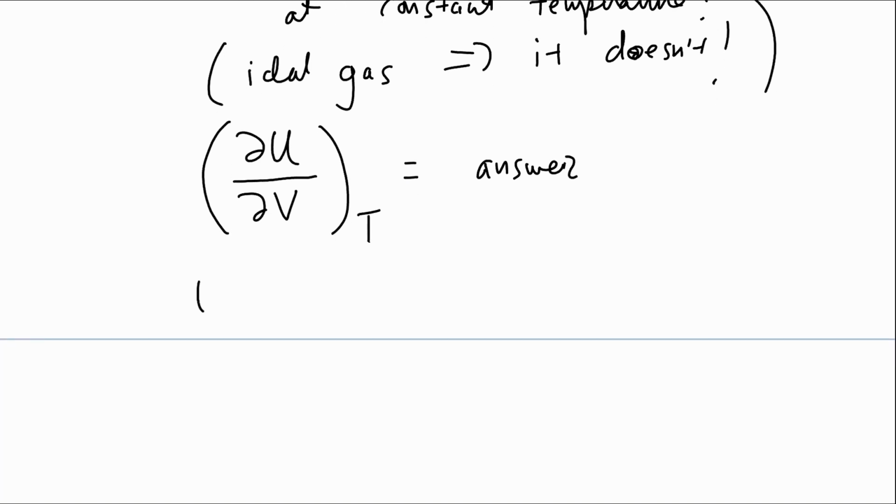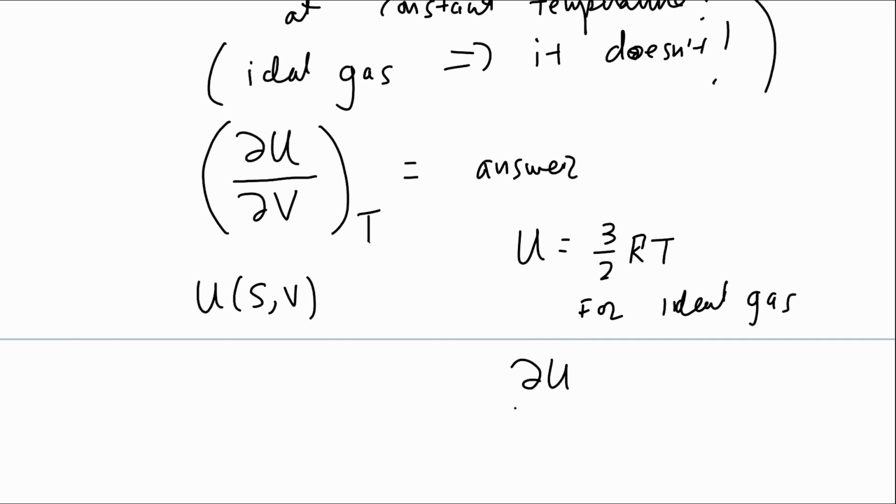Well, I know that my U is a function of S and V, right? There's a V there, but there's the S. You know, the S is there. And I also know that U is like 3/2 RT for an ideal gas.